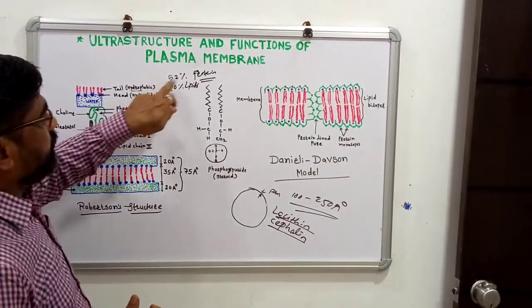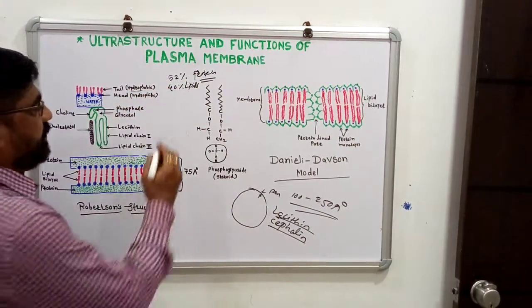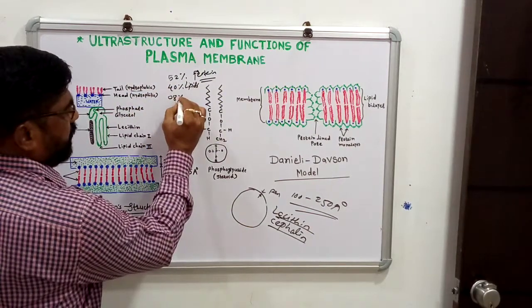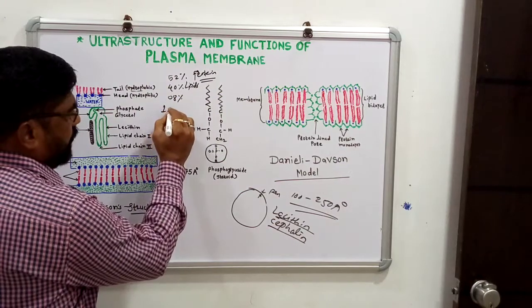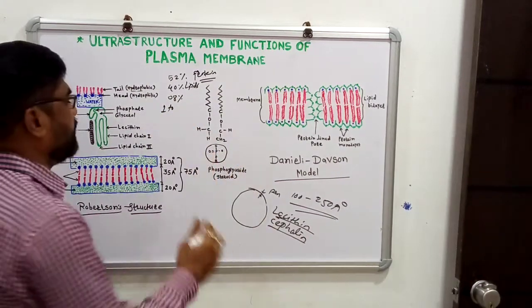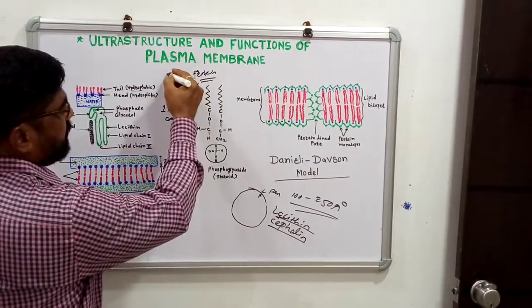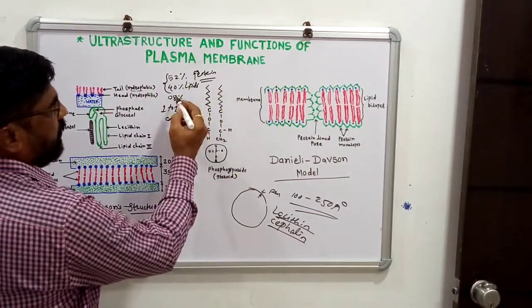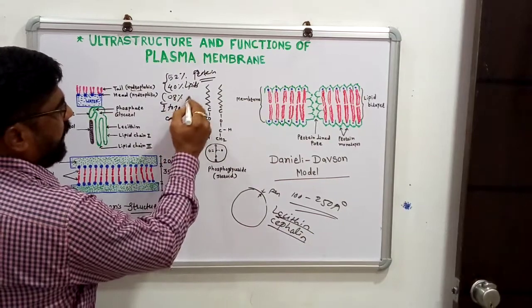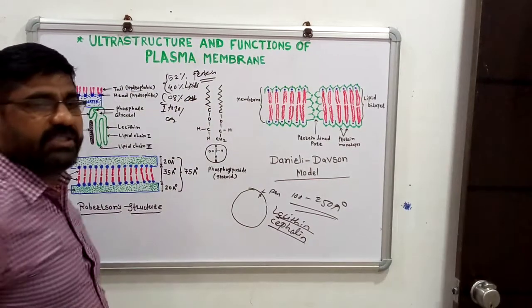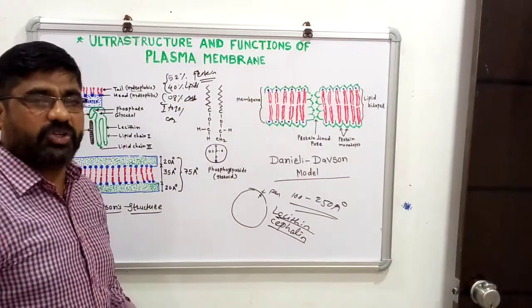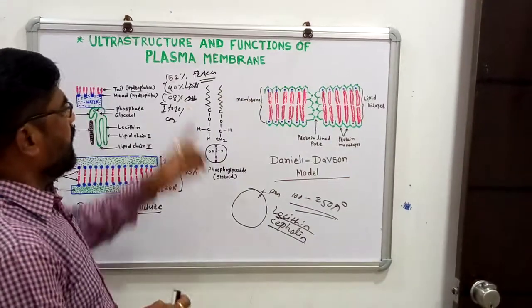So 52% proteins, 40% lipids, and on average, in different cells there is 1 to 10% carbohydrates, but it is taken that 52% protein, 40% lipids and 8% carbohydrates are present in the formation of the plasma membrane. So that is the chemical composition.